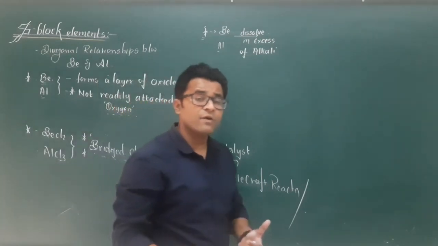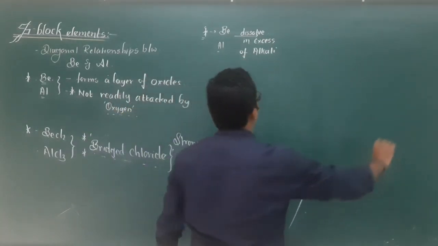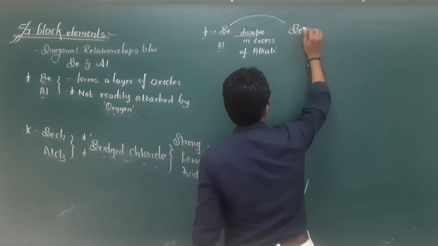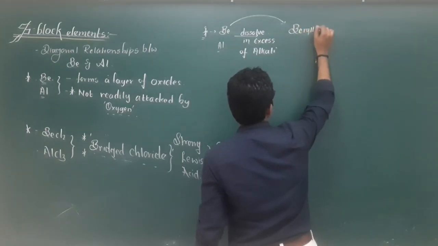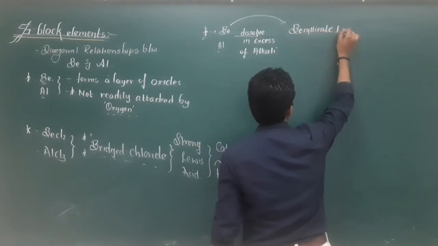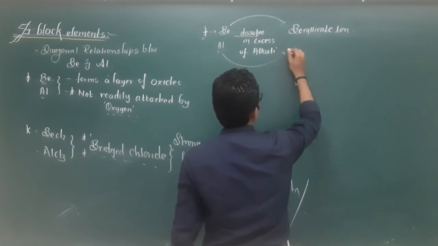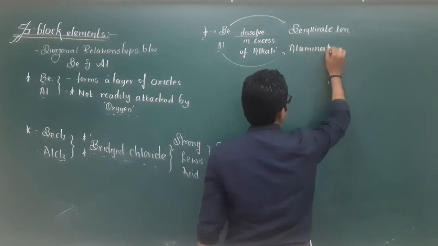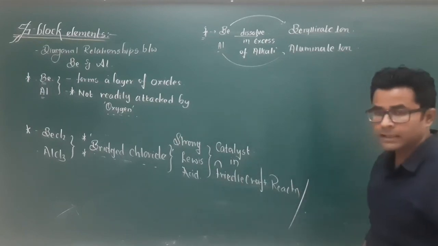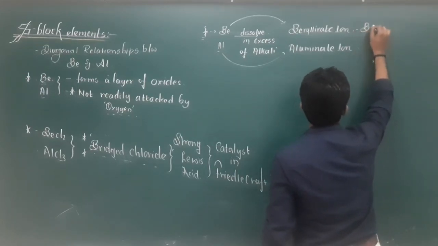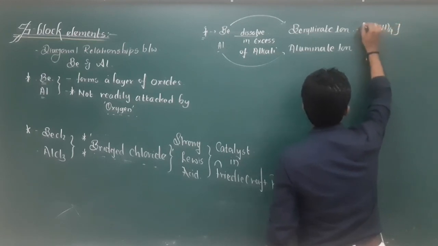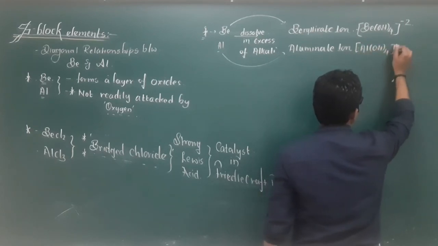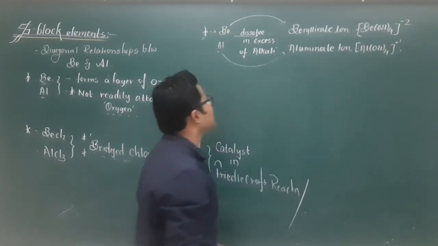They dissolve in excess of alkali solutions to form, if it is beryllium, the beryllate ion, and if it is aluminium, the aluminate ion. The beryllate ion is Be(OH)4 2-, and the aluminate ion is Al(OH)4 -.